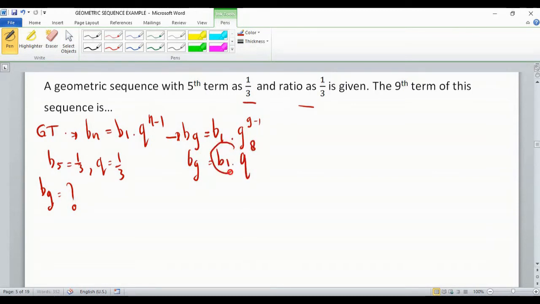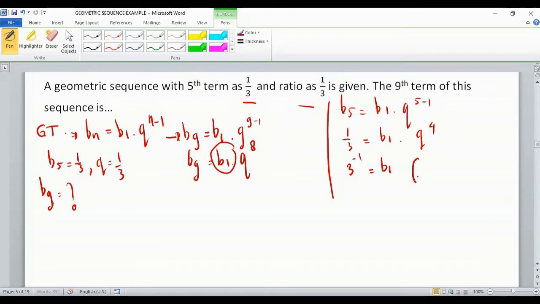So we need to find the first term, everyone. We can find the first term using the fifth term. The fifth term is equal to the first term times k power 5 minus 1. We have the fifth term 1 over 3, and it is equal to B1 times k power 4, right? So we can change 1 over 3 to be 3 power minus 1, and it equals B1 times 1 over 3 power 4.